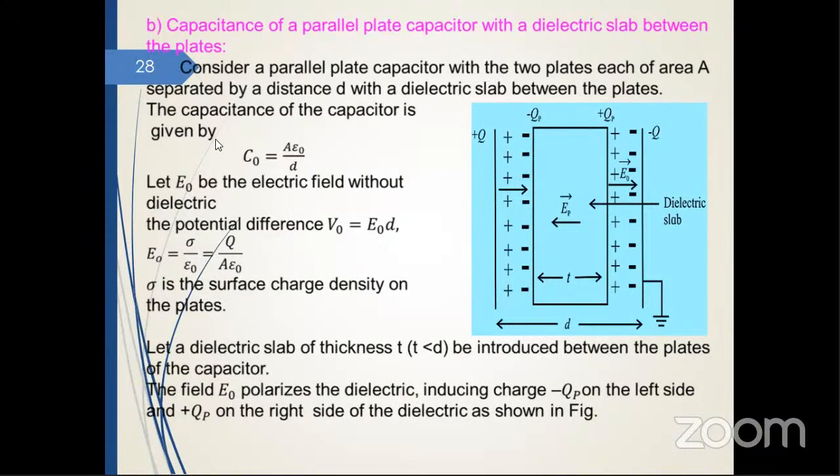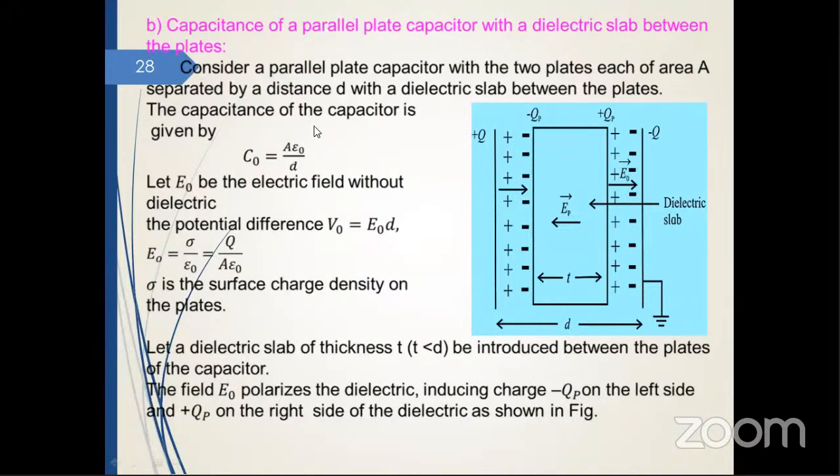Now we are going to obtain the capacitance of a parallel plate capacitor with a dielectric slab. Now we are putting a non-conducting material between the plates, and then we are going to see what the capacitance is. Consider a parallel plate capacitor with two plates, each of area A, separated by distance D, but here with a dielectric slab between these two plates.